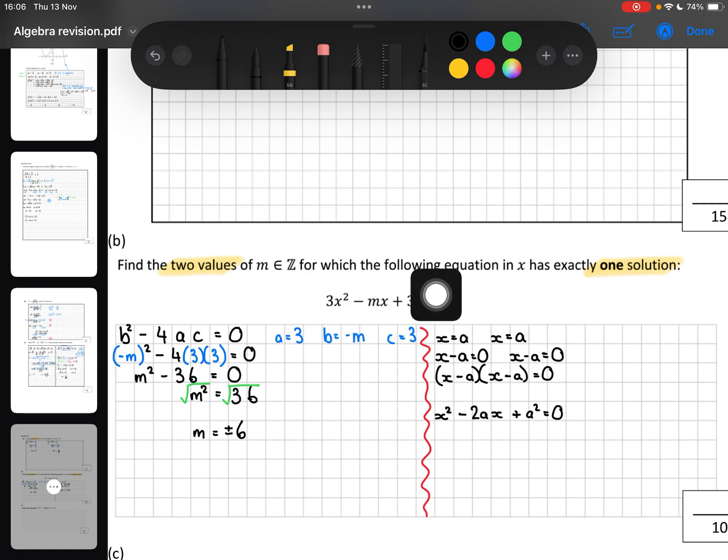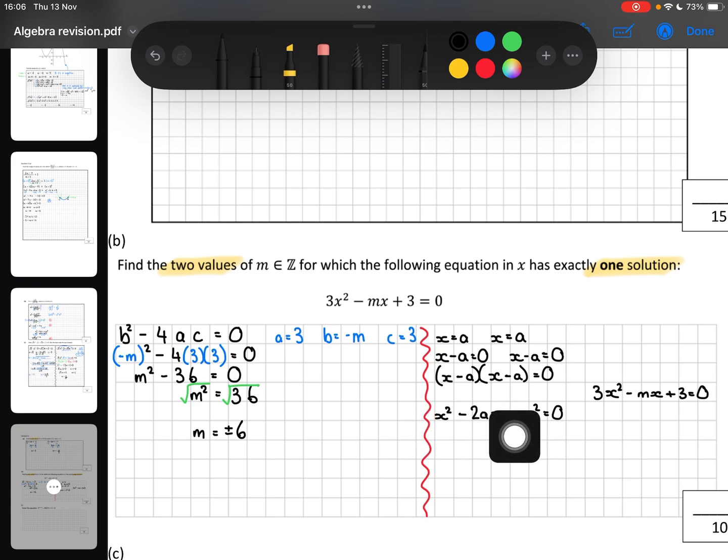Okay, now from up here, the quadratic that they gave me, that I technically want to be comparing with, didn't have a leading coefficient of 1. It had a leading coefficient of 3. So I will actually have to rewrite this so that I can compare my coefficients, by dividing everything across by 3, or I can multiply this full one across by 3.